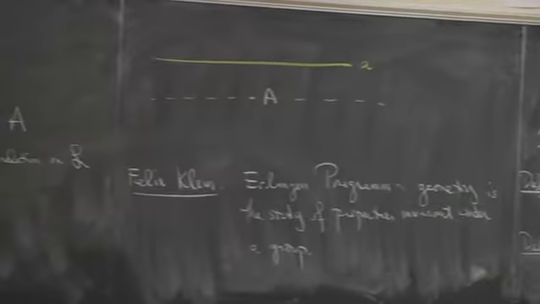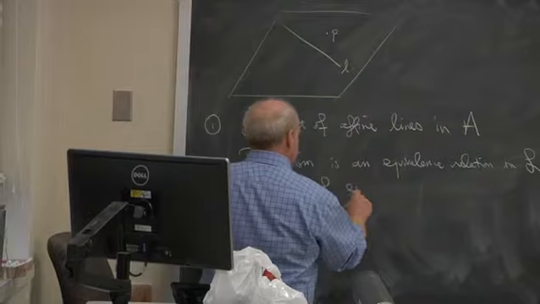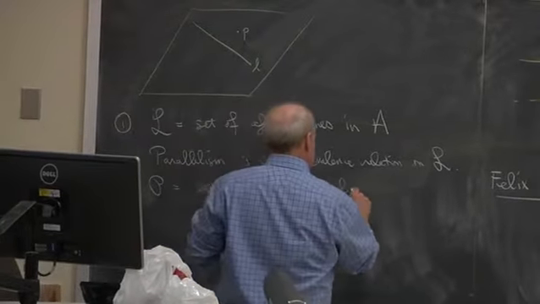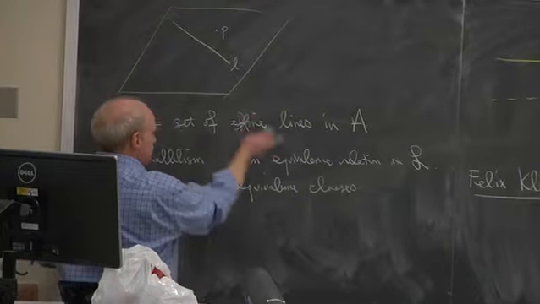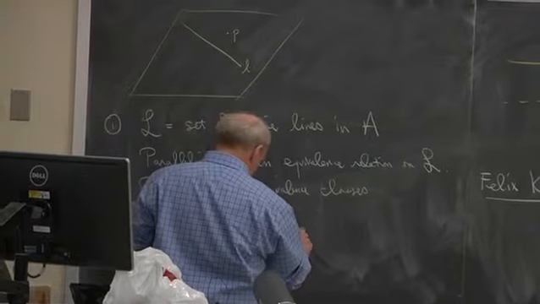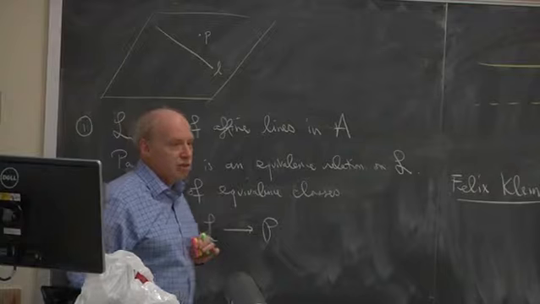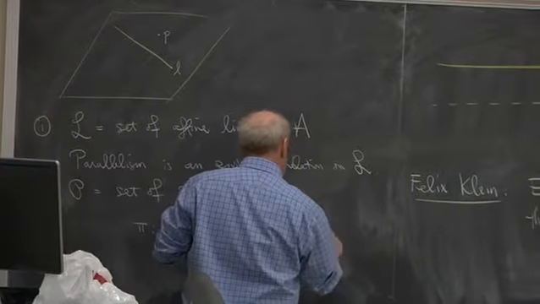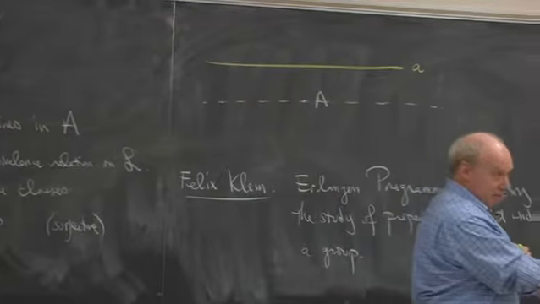So let P equal the set of equivalence classes. And when you have an equivalence relation on a set, we always get what you should think of as a quotient map. We get a surjective map that takes every element, that takes the set to the set of equivalence classes.